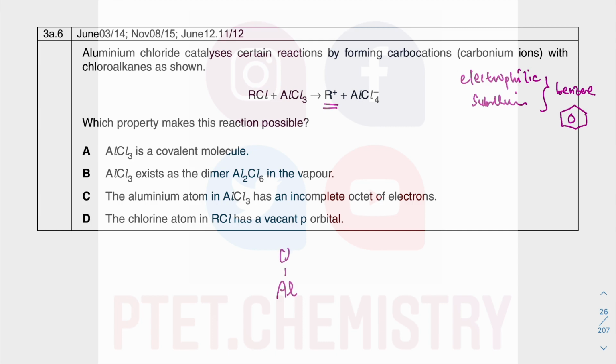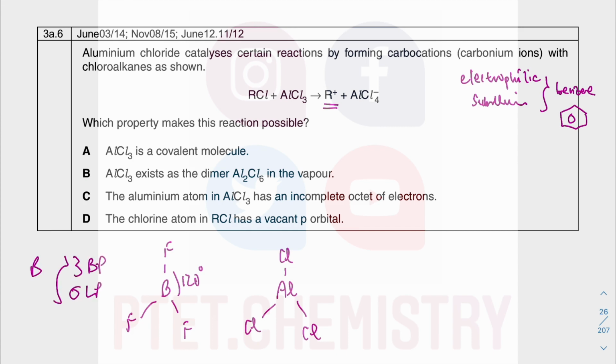So aluminium trichloride is that molecule. That should remind you of BF3, which is your case study. There is a 120 degree angle, 3 bonding pairs, 0 lone pairs on the boron. Same deal here around the aluminium: 3 bond pairs, 0 lone pairs.